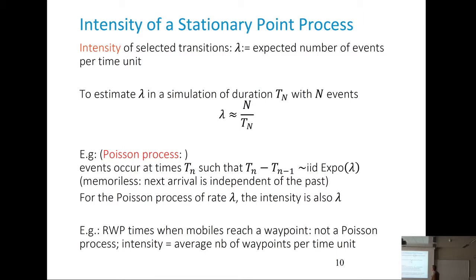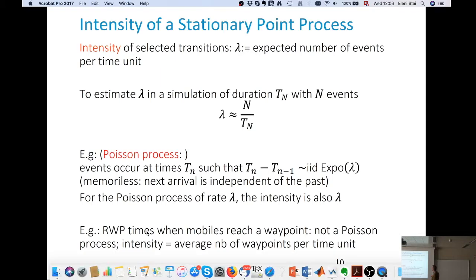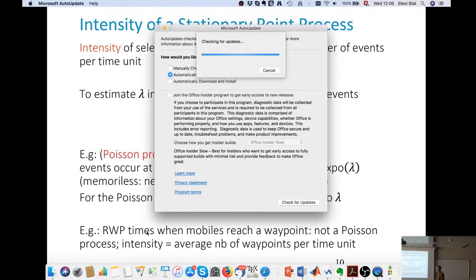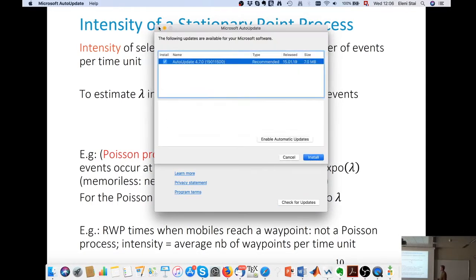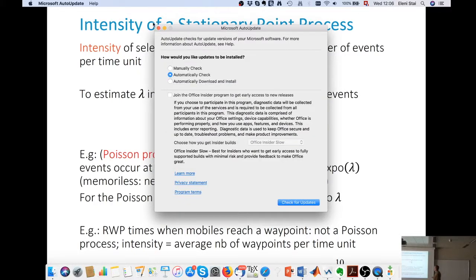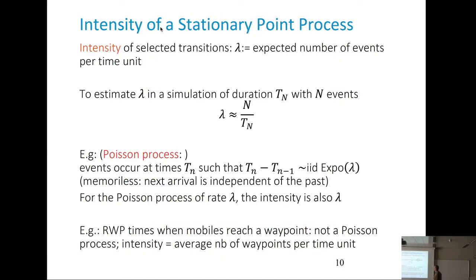The expected number of events per time unit is called the intensity of the system of transitions here. For example, in a simulation, if I have capital N events in a simulation that lasts Tn, then lambda would be N divided by Tn. That would be my estimate.